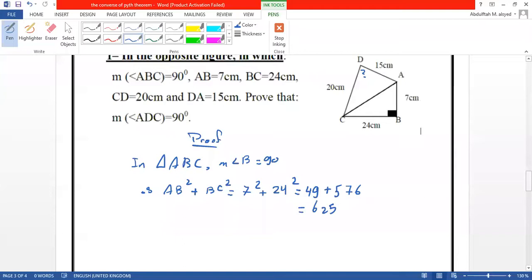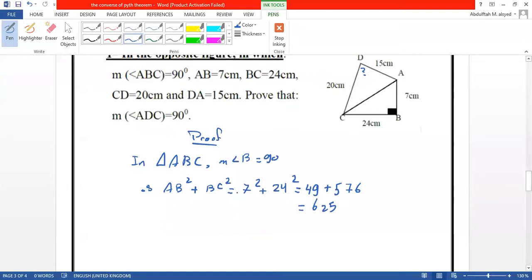This equals AC squared. So AC squared equals 625. Now by taking the square root, AC equals square root 625 equals 25 centimeters. So we have found the AC, which is 25 centimeters.